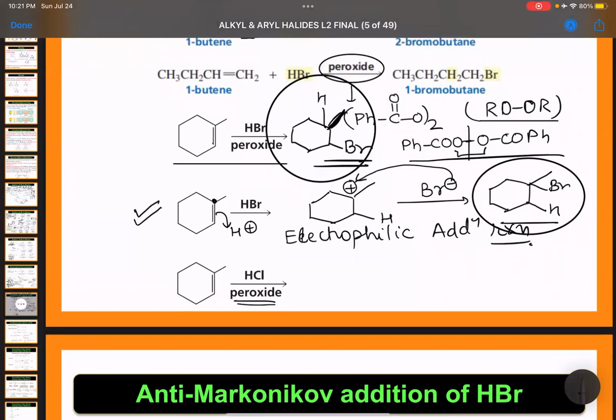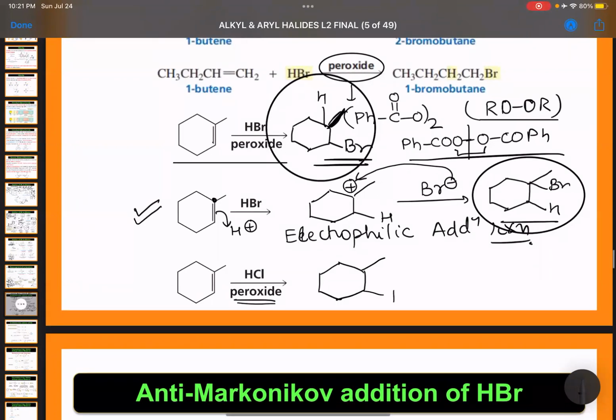Because we have peroxide and anti-Markovnikov addition so much in our mind, when we see HCl and peroxide, we apply the peroxide effect on HCl, but we need to remember only HBr shows the peroxide effect.